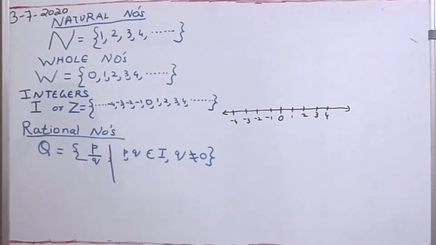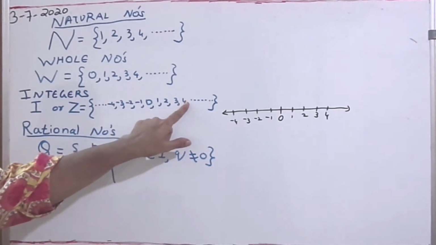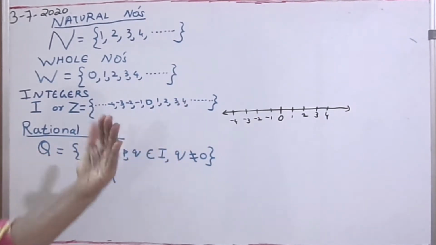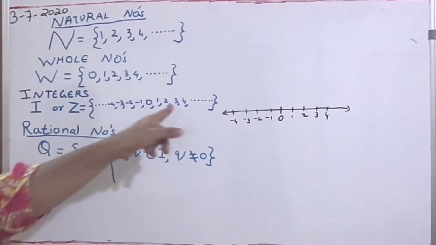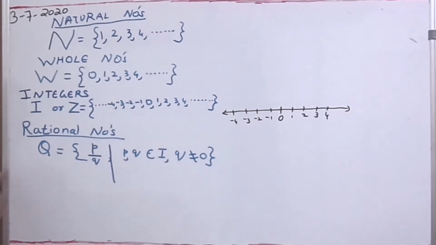So whenever you have some number upon some number, it is a rational number. All integers are rational numbers. Why? Because if you take the number 4 upon 1, nothing is there, down means it is 1. So you can express it as p upon q. So all integers are rational numbers.